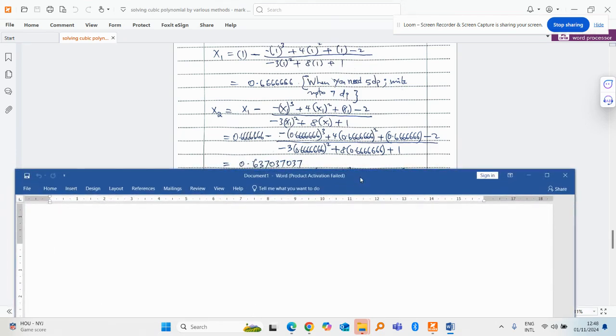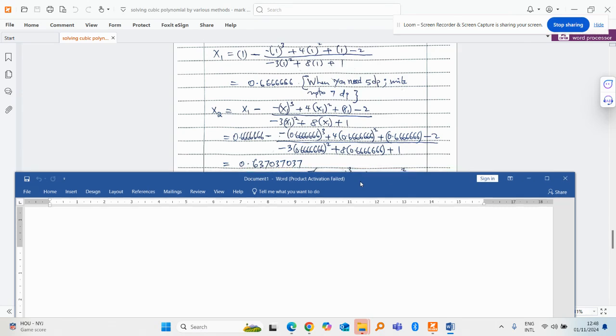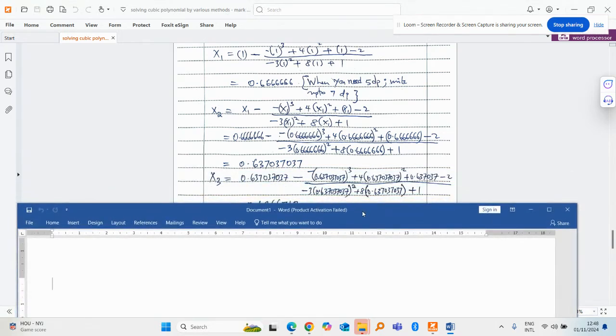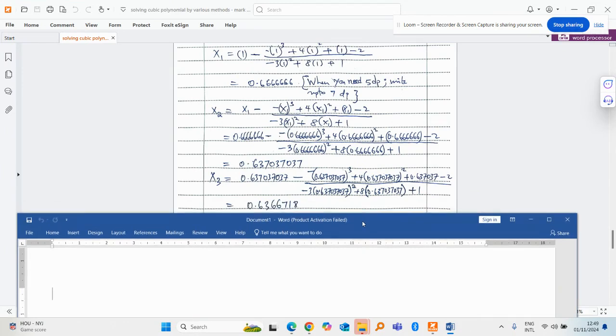So you get 0.637037. We go to the third iteration. In the third iteration, we write the answers for the second iteration as our values of x. And when we substitute, that is the answer we get.